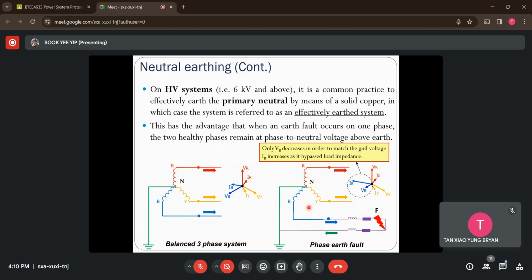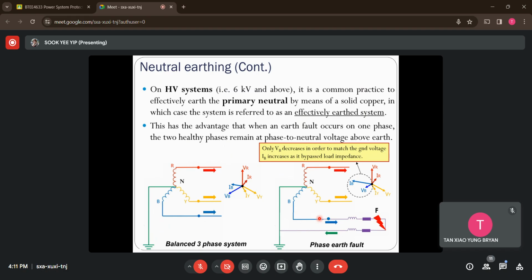Why? Because I don't have this path. With this path, I can implement overcurrent relays here to detect if fault current is flowing through it. If there's current flowing through this neutral path, I can directly tell that this three-phase transformer has a short circuit to ground.